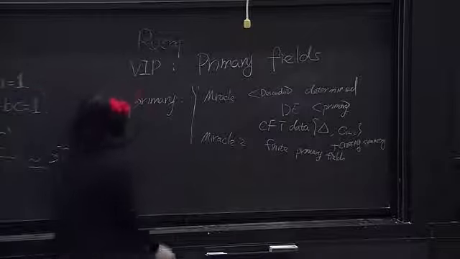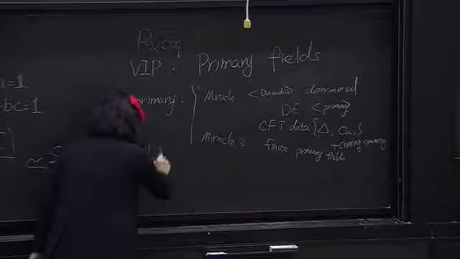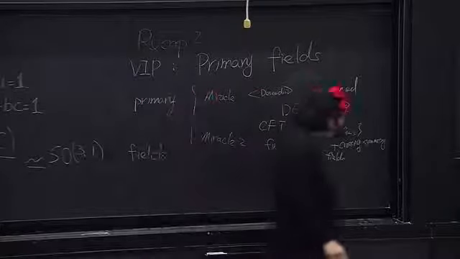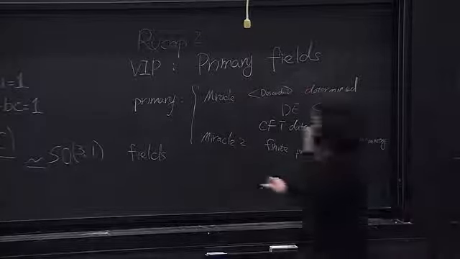So now I explained primary. Now I have to explain fields, because it does mean different things than what we learned from QFT. What you call fields in QFT is you have a scalar field phi, you have a fermion field psi, you have a vector field A. But in CFT, they just mean local operators.